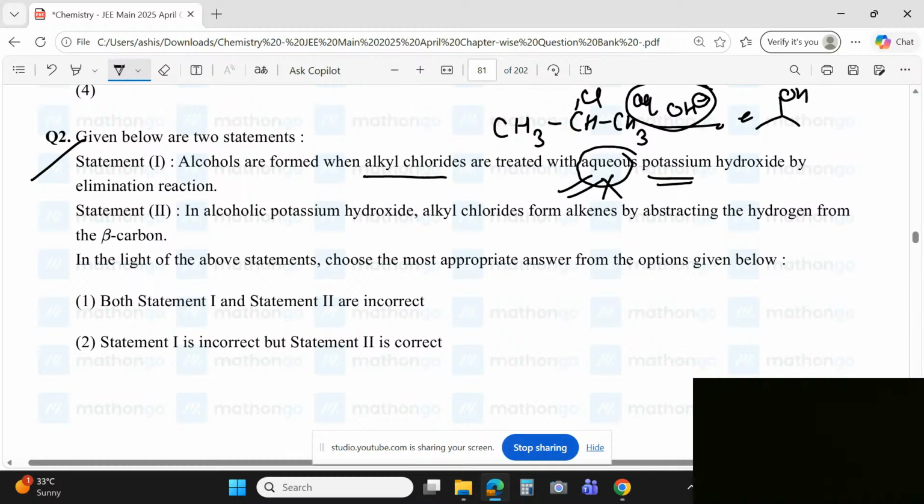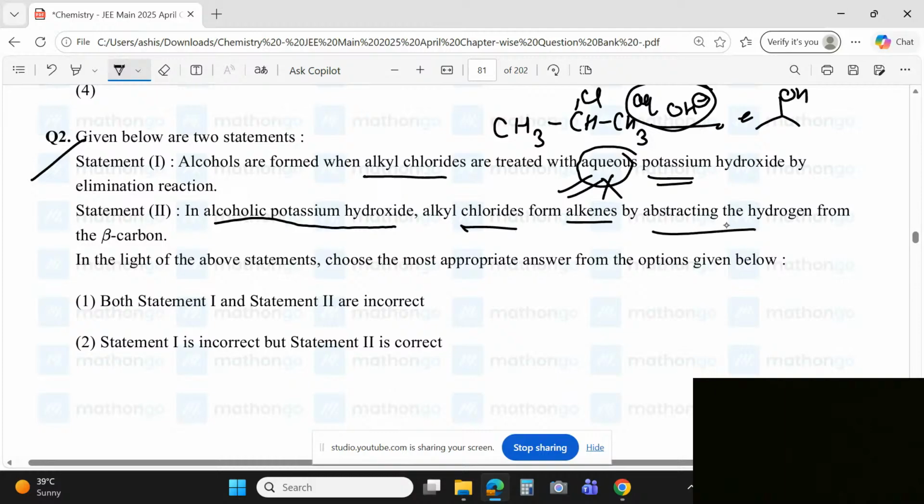Statement 2: in alcoholic KOH, alkyl chloride forms alkene by abstracting the hydrogen from beta carbon. Yes, that is right. When we are using alcoholic KOH, alkyl halide gets converted into alkene.